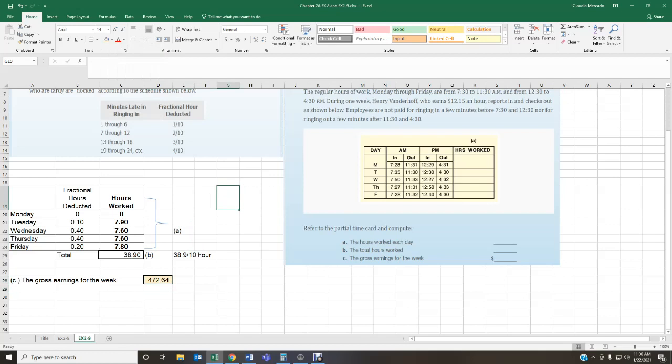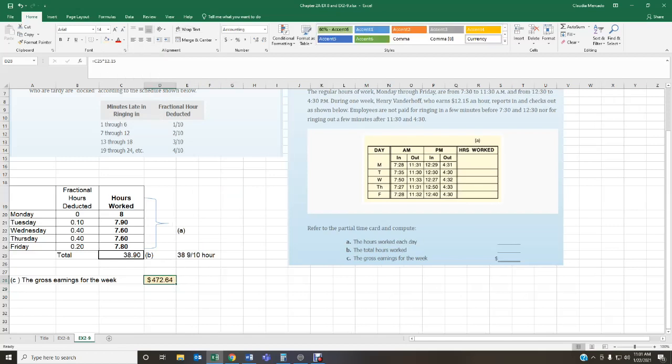Okay? That is how much this employee is going to get paid. So how do we do that? We got the 38.90 hours times the $12.15 per hour. Okay, and that gives me 472.64.